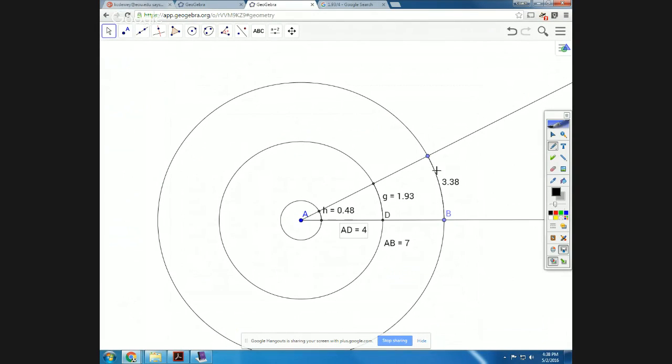So each of these arc lengths divided by the radius of the circle it lives in leads to the same number all the time. So this gives me another way to talk about angles by talking about the length of an arc compared to the radius to make that arc.